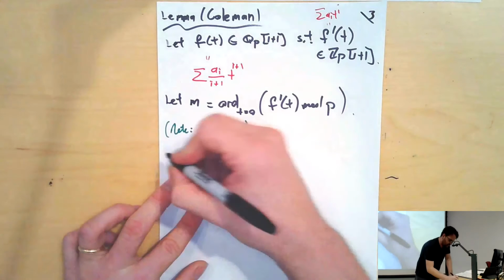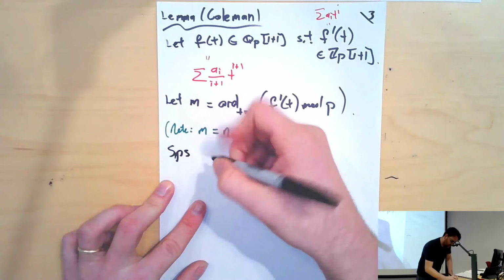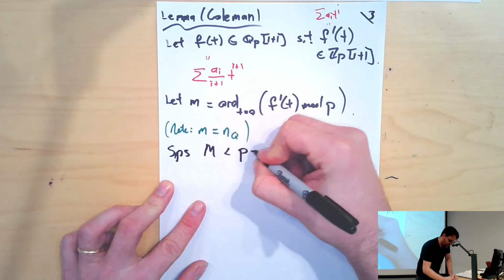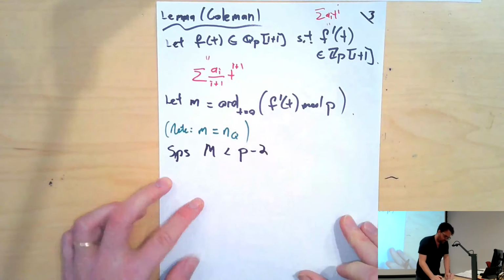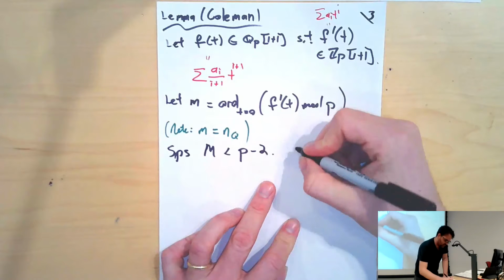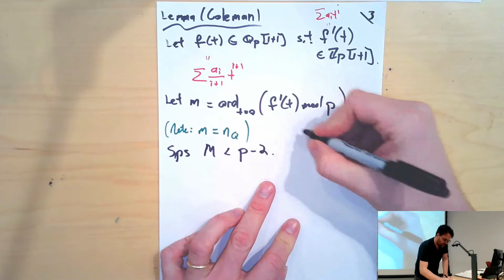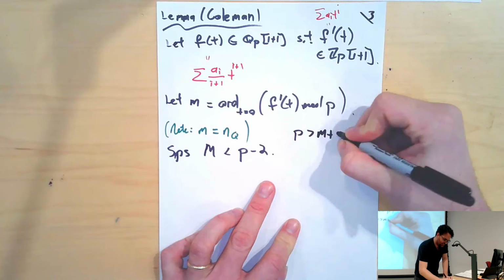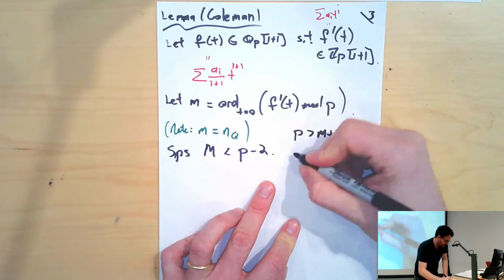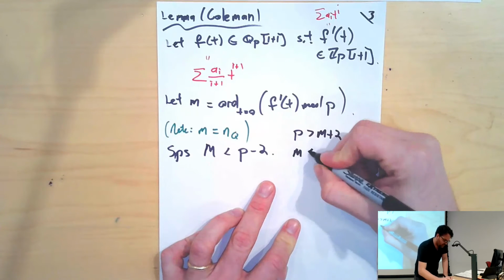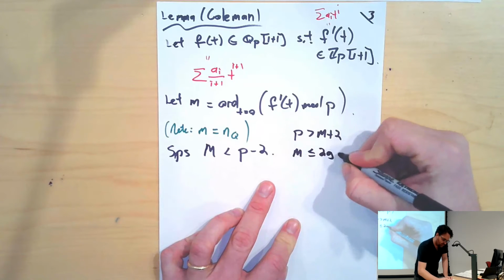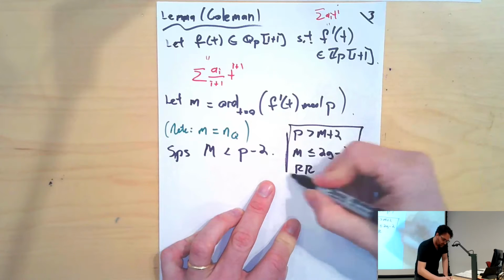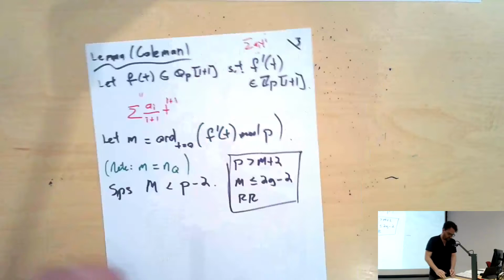Additionally, suppose that m is at most p minus 2, which is the same as saying p is at least m plus 2. Then note that m is at most 2g minus 2 by Riemann-Roch, using the green comment.